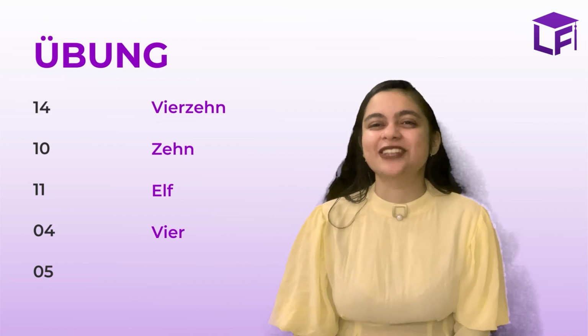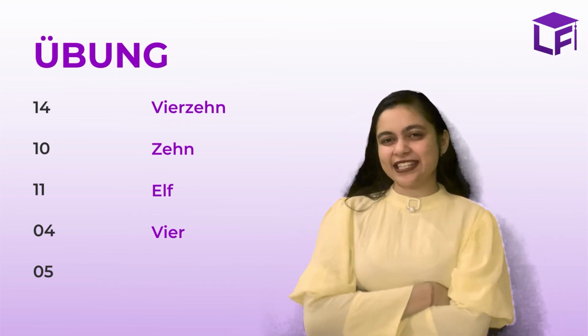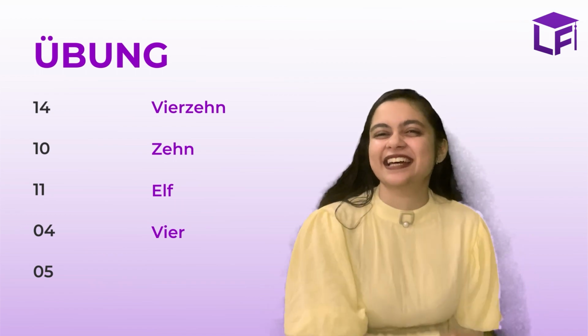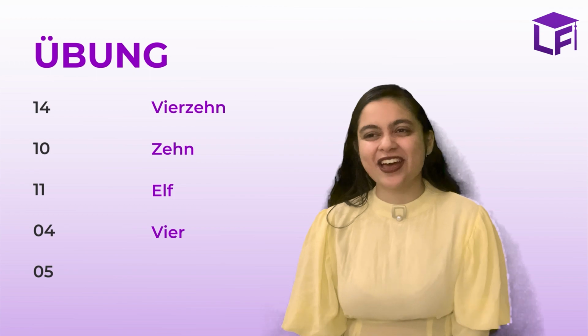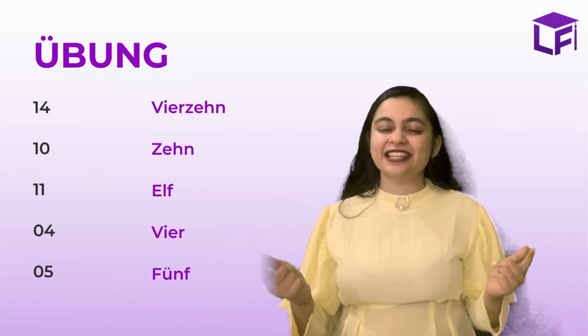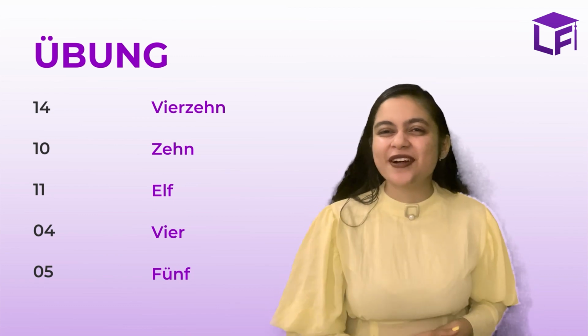Stop. So, what is the last answer? Did you guys get 20 on 20, huh? So the last answer for us is 5. That's great. Excellent. 5 for us is fünf.